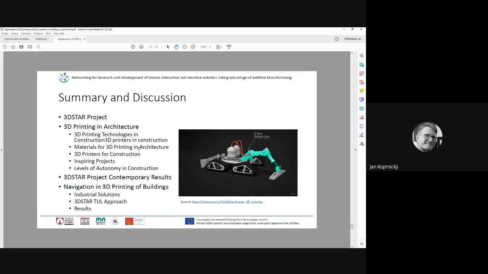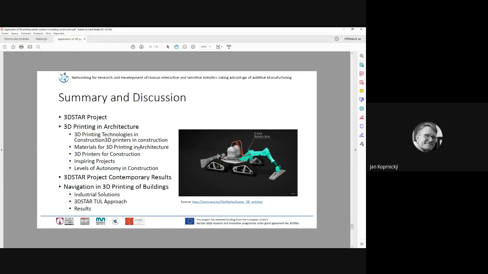So I presented our project called 3D Star. Then I presented in general the 3D printing technology used in civil engineering or in architecture and construction, these large scale 3D printers.